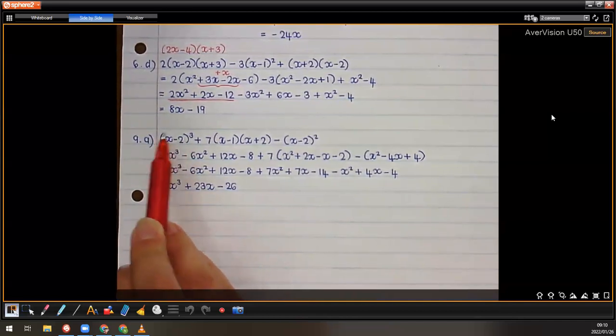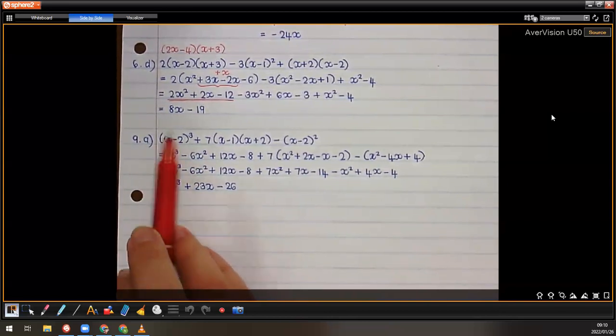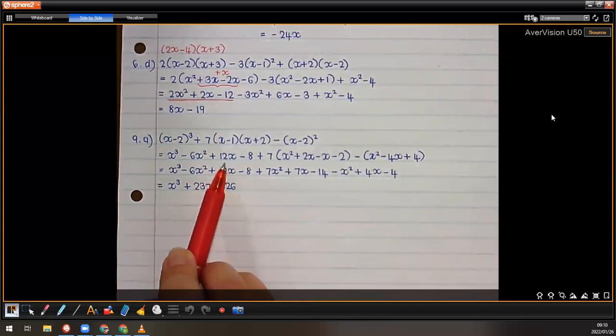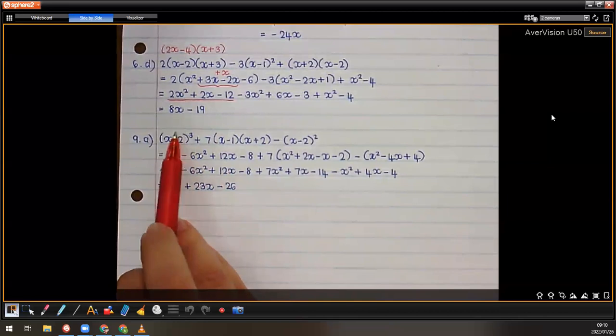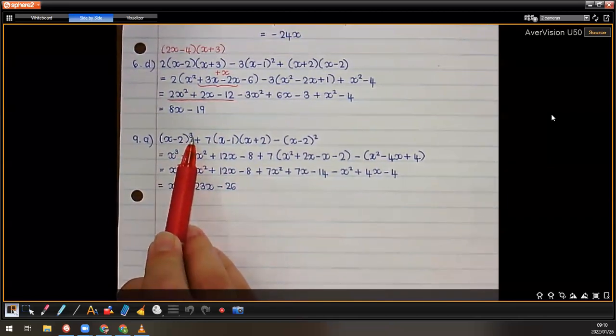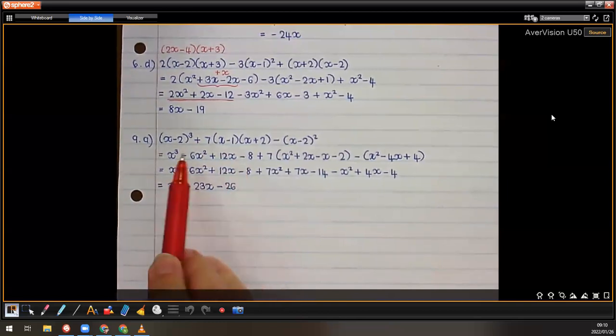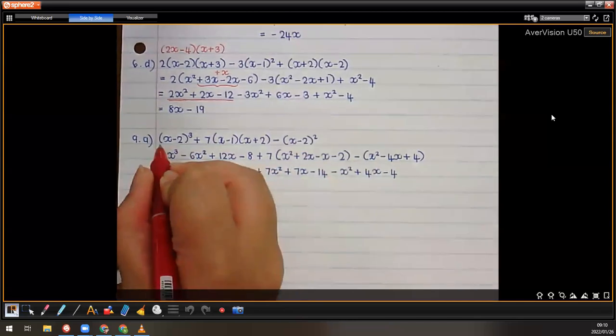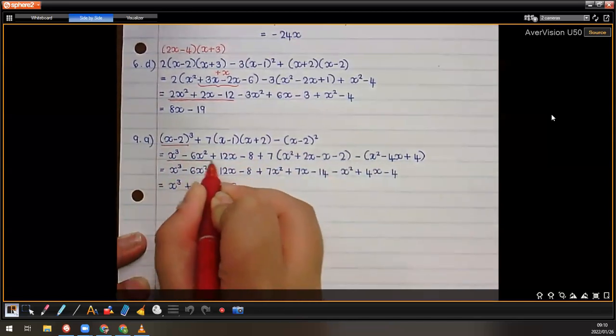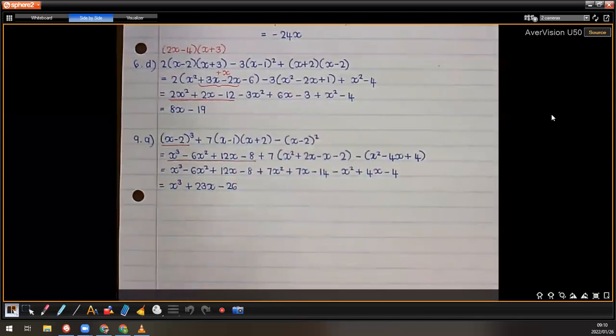Yes? Times by the first one, x. So you have +4x. That you then multiply by 3 to get +12x. Okay? Then for the last term, you take your last term. So -2 to the power of 3, -2 cubed, which is -8. So this is equal to these 4 terms.